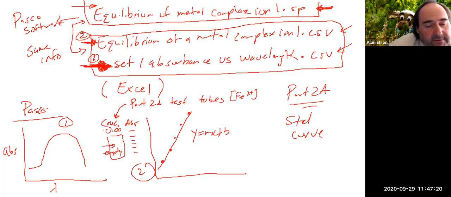You could either use the Pasco software and do it all, or you could use Excel, or some type of Excel-like file or software, to do it all. So your choice. You don't need to do them all. When you open up the Excel files, it will just be numbers, which means you need to go in and make your graphs, and it won't make them for you. The Pasco software, as you do it, this graph will be made for you, and this graph you can make as you're doing it.